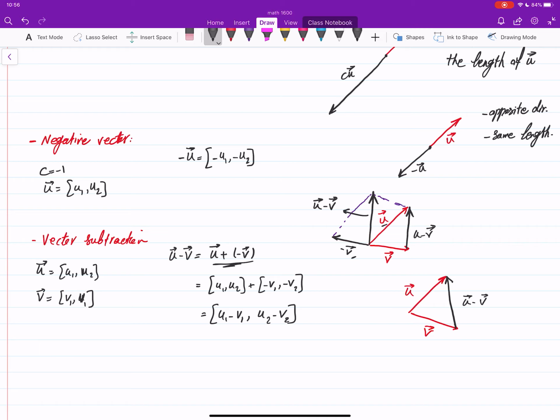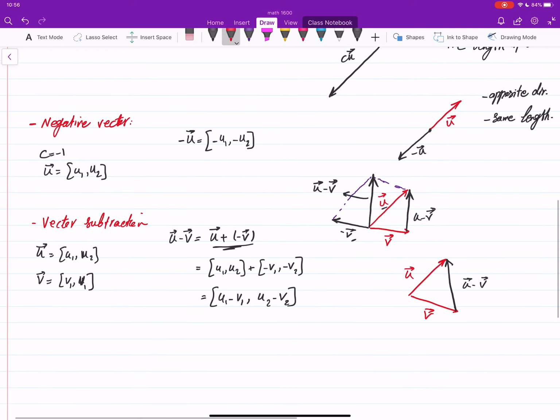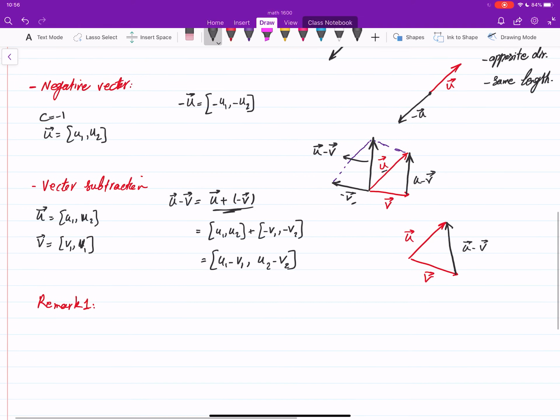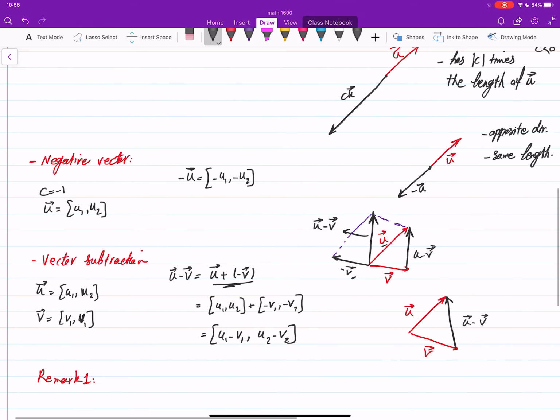Well, the operations now are done. So 3 operations that we wanted to learn. There are a few remarks that I will add to this, and then we will finish the video with some examples. First, remark 1. This is the most important remark of all of these. Look at the algebraic operations of these vector operations.